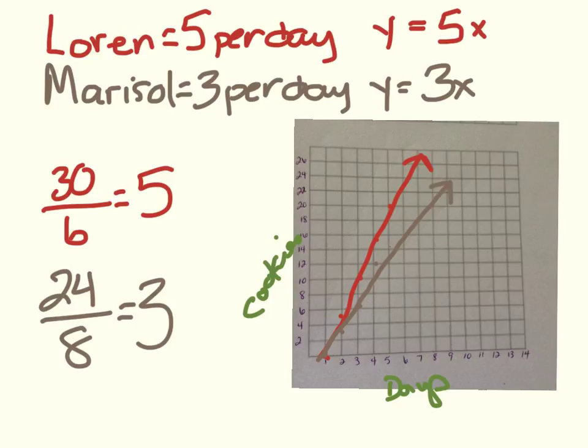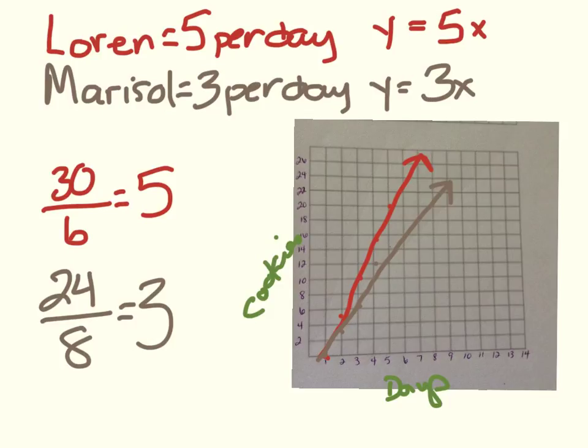Our question says, on what day of the week did they have the same number of cookies still left to be eaten? Alright, so this one is kind of a brain teaser, because as I was thinking about it, I realized that the only day that they still had the same number of cookies still left to be eaten would have been day 1, because they didn't eat any cookies on Sunday.